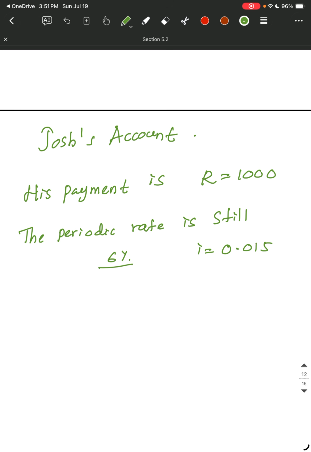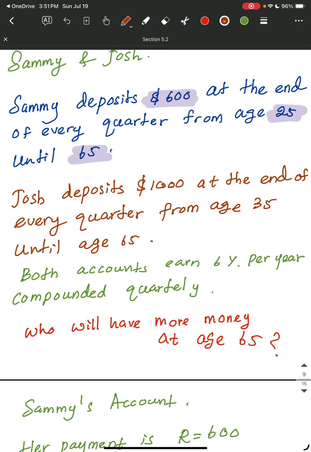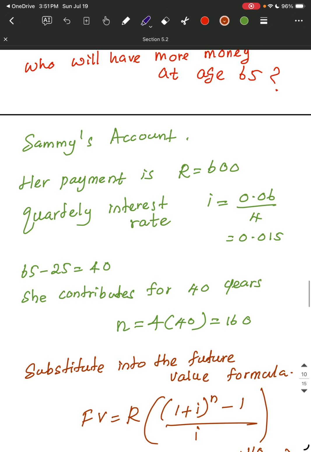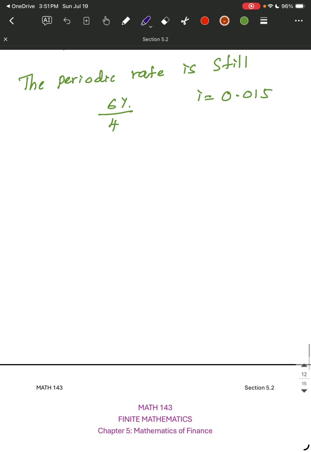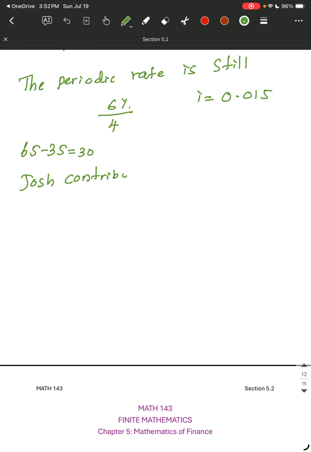Just starting from 35 until age 65. Therefore, Josh contributes for 30 years. 65 minus 35, 30. So Josh contributes for 30 years. Then n equals 4 times 30, 30 years quarterly, 120.